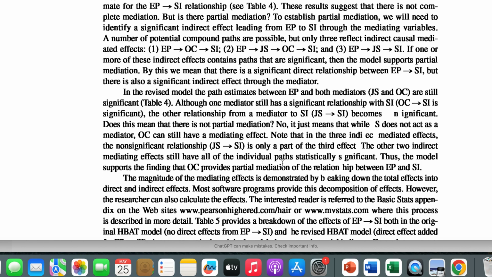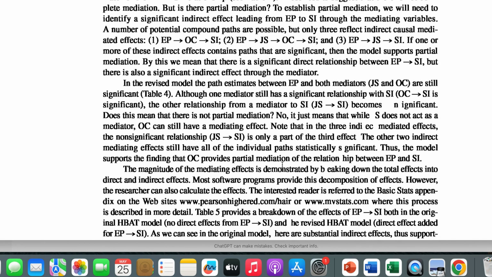If one or more of these indirect effects contain paths that are all significant, then the model supports partial mediation. By this, we mean that there is a significant direct relationship between EP and SI, but there is also a significant indirect effect through the mediator.